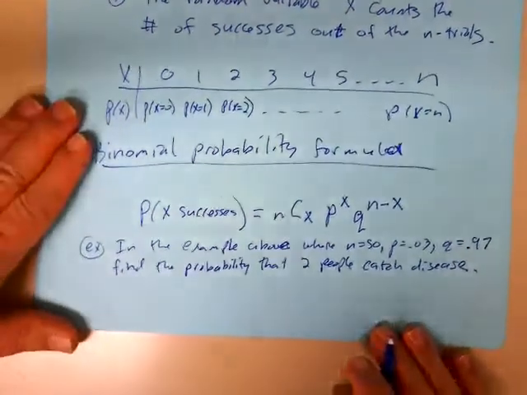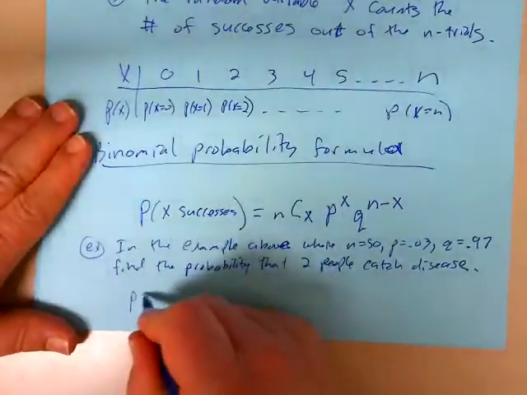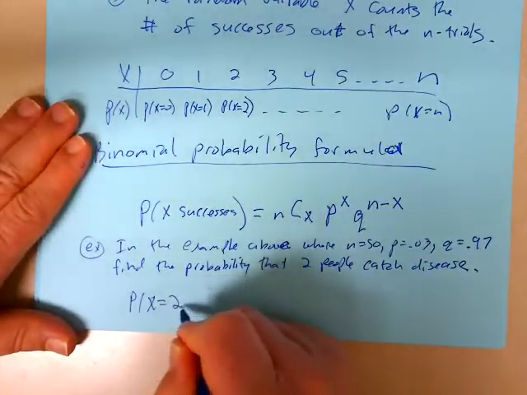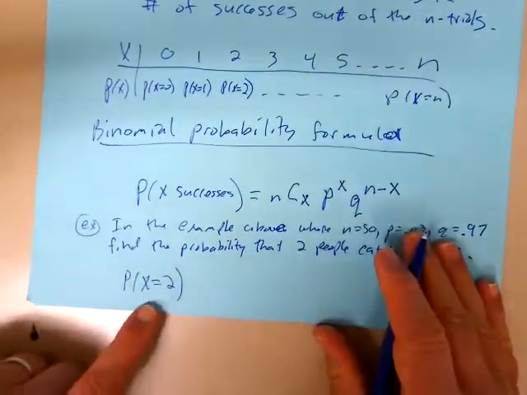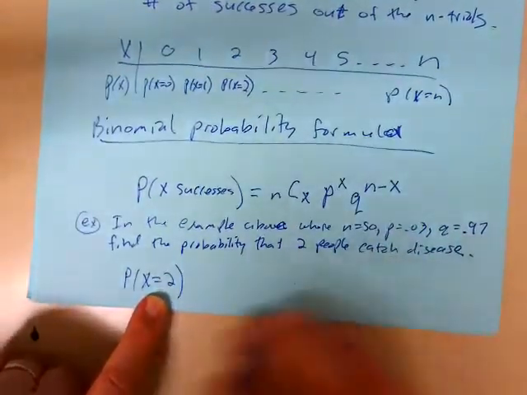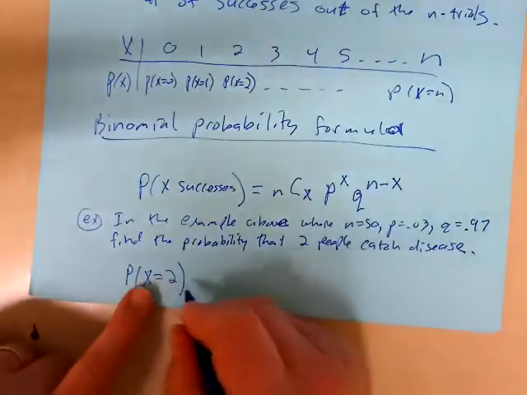Okay, so using this, now I can write probability x equals 2, because I want 2 successes, 2 people catch the disease.